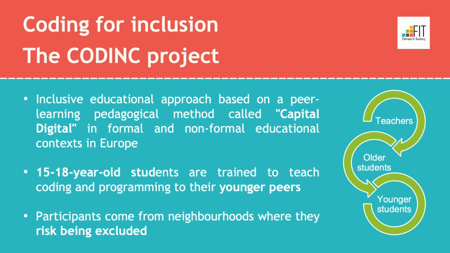The method consists of training 15 to 18-year-old students in secondary education from disadvantaged backgrounds to teach coding and programming to their younger peers in primary education. Students and pupils targeted in the Coding project are specifically from neighbourhoods where they are at risk of exclusion.